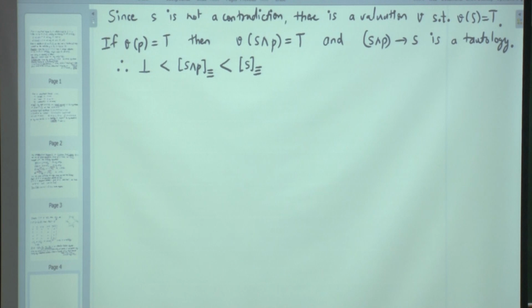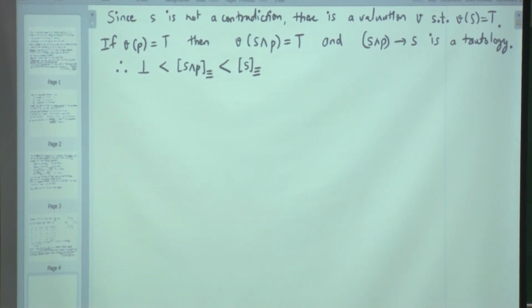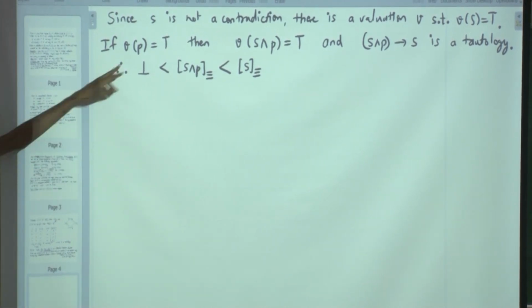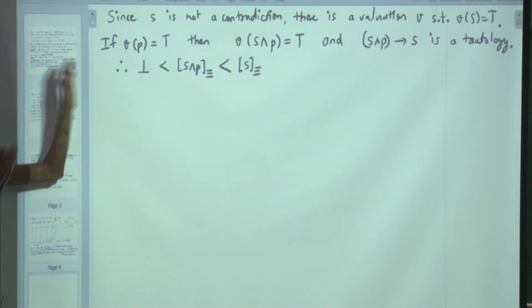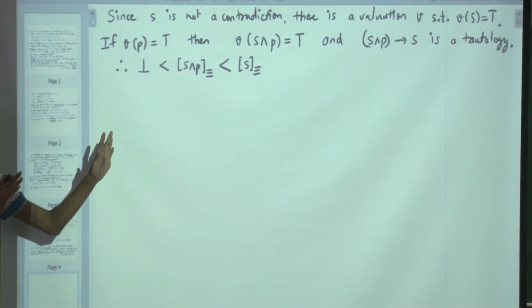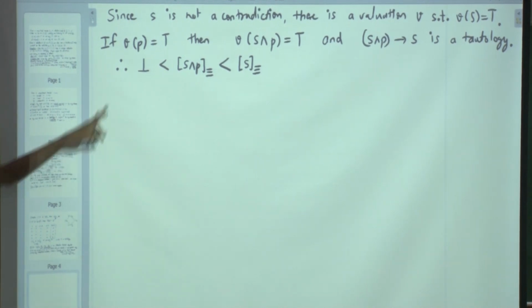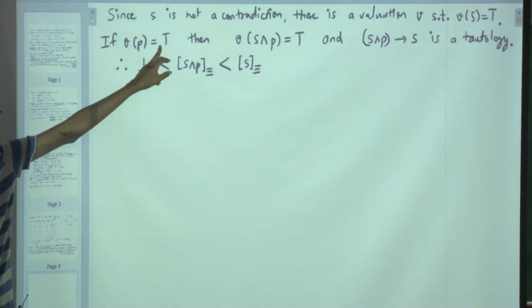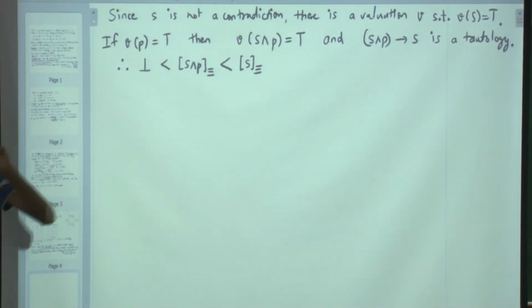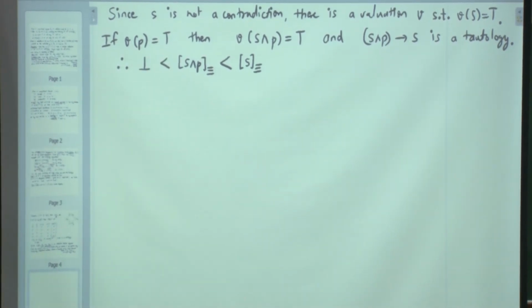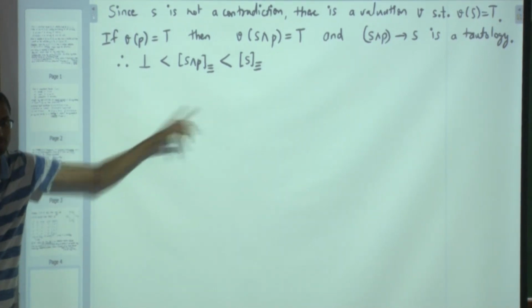No, it's not because of anything previous. There may exist, like right now we know valuation V, but if you tweak V so that the value of P is false, then that valuation will still make S true.